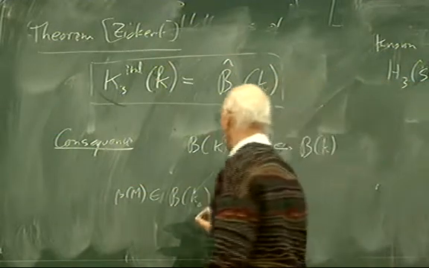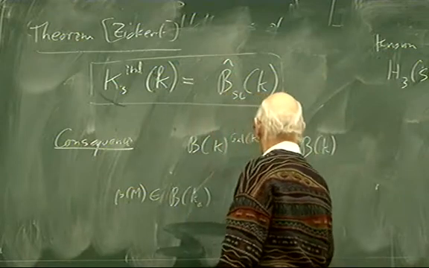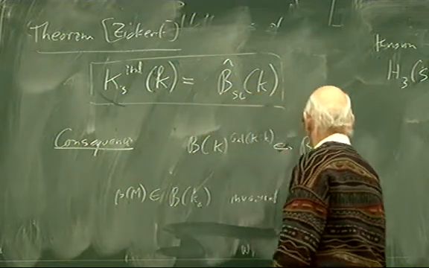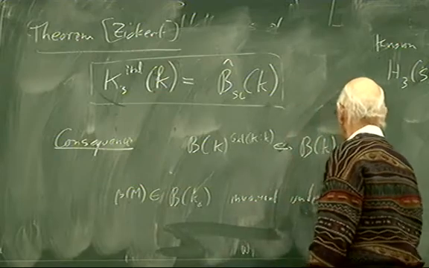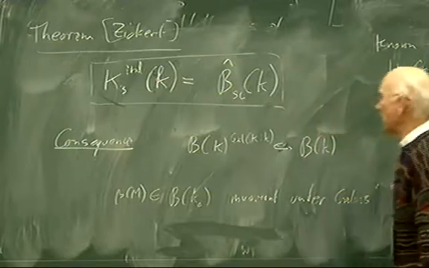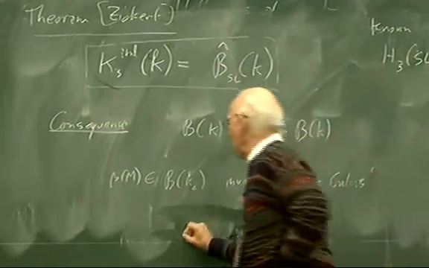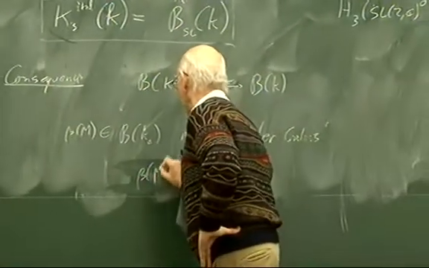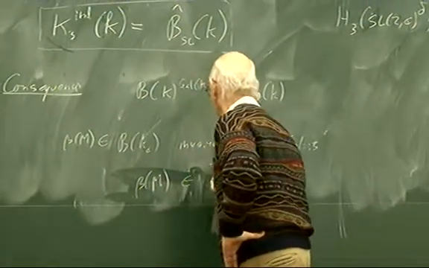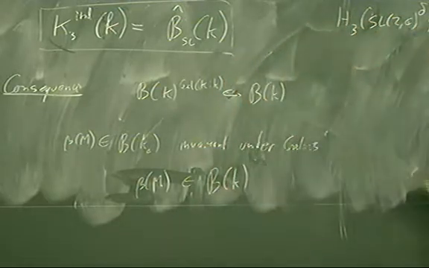So a consequence of the invariance under the Galois action is a proof of something I conjectured many years ago and was able to prove only up to torsion, which is that the block element of a manifold actually lies in the block group of the invariant trace field rather than of a larger field.